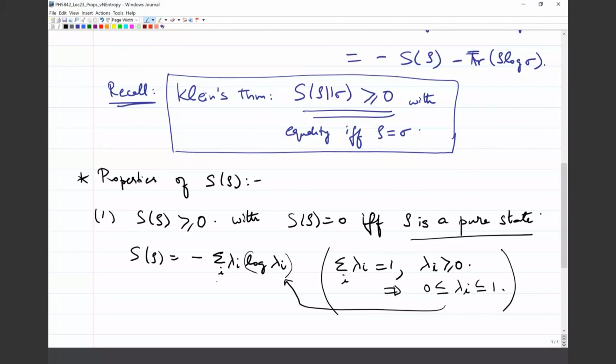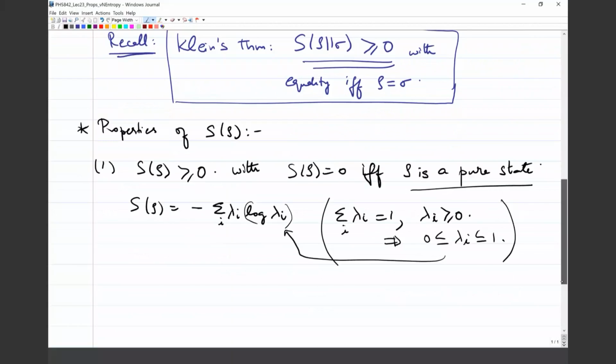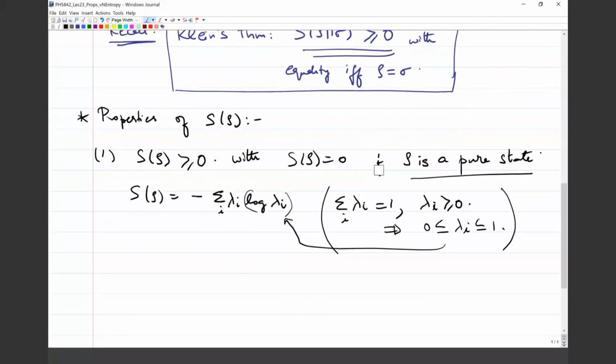Okay, so this is done and it is 0 if and only if it's a pure state, because a pure state is essentially like having a single eigenstate. So rho is psi psi, right? Then what this means is that it's essentially like a single eigenvalue which is 1, right?